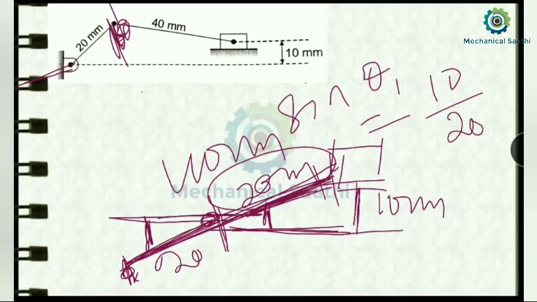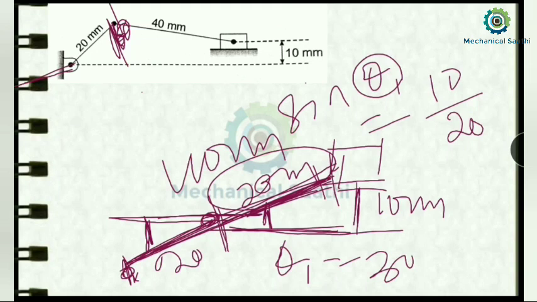So theta 1 will be equal to sine inverse of 10 by 20, which is nearly 30. So theta 1 we have got as 30, and theta we have got as 9.59.